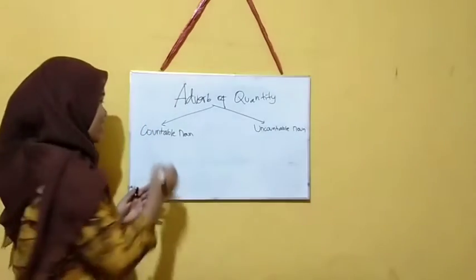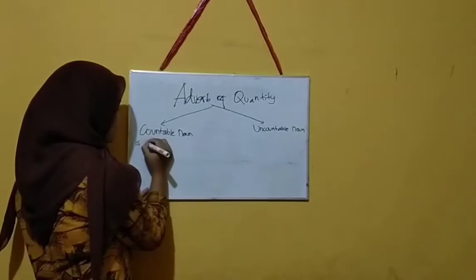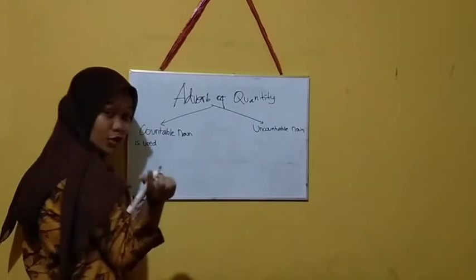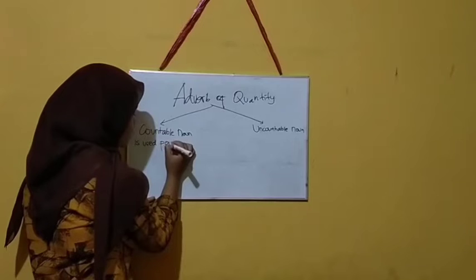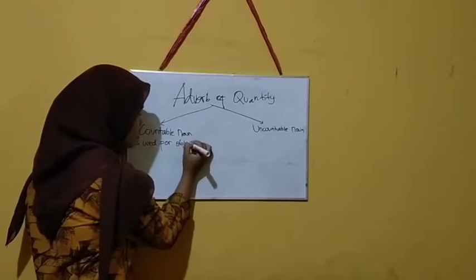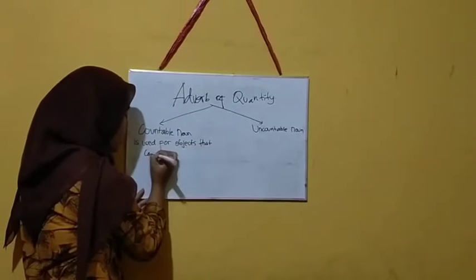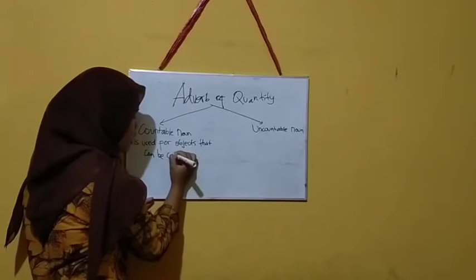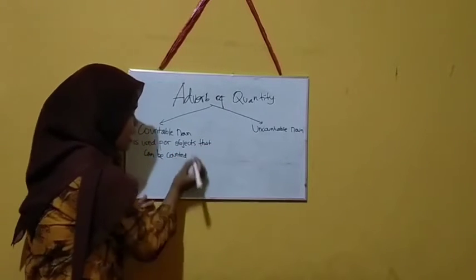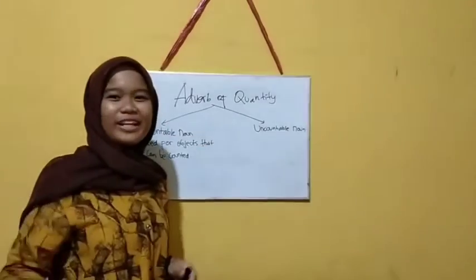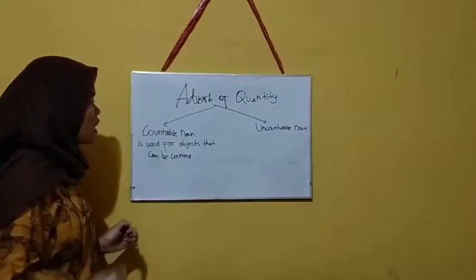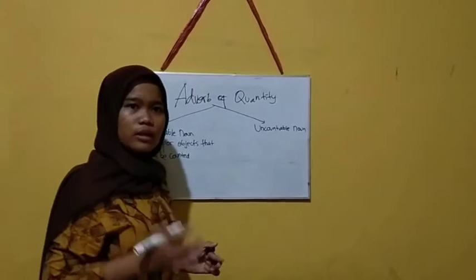Yes, that's right. Countable noun is used for objects that can be counted. Yes, 100 for you, Pika. And then, how about uncountable noun?